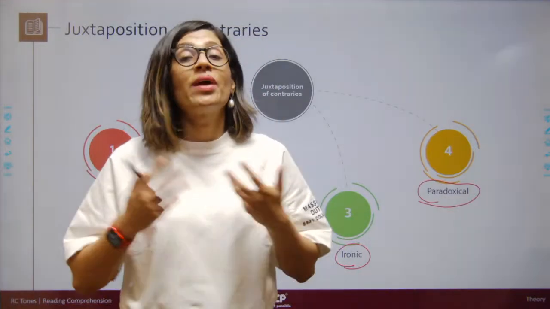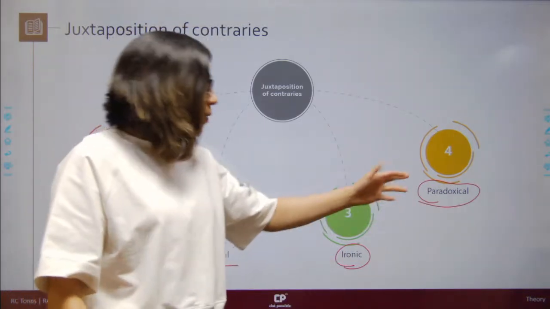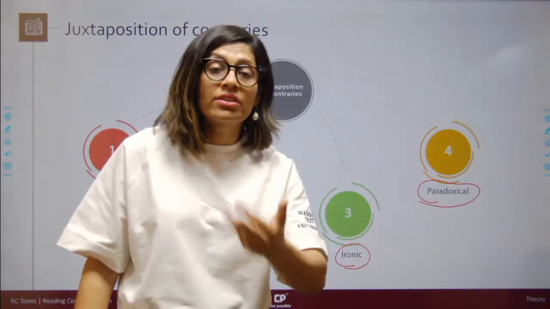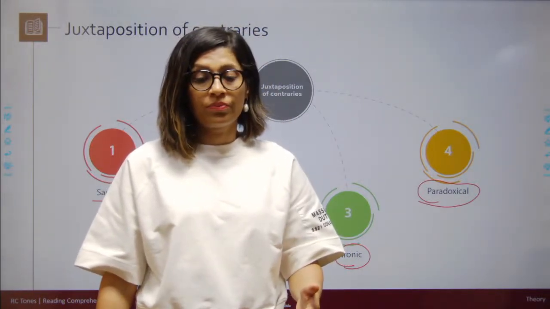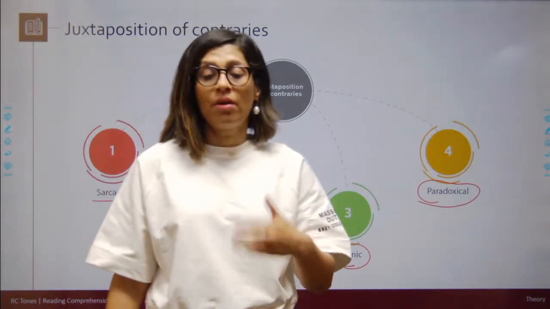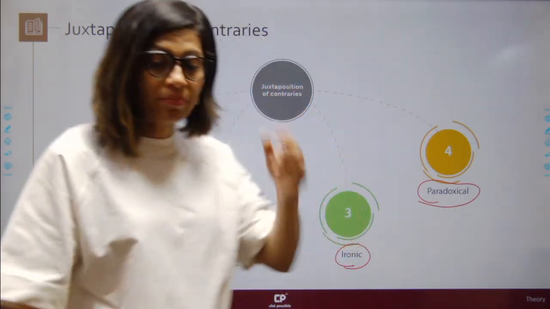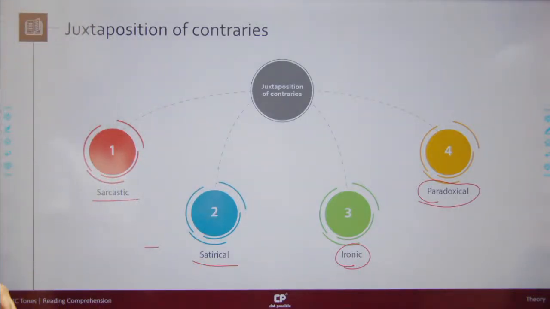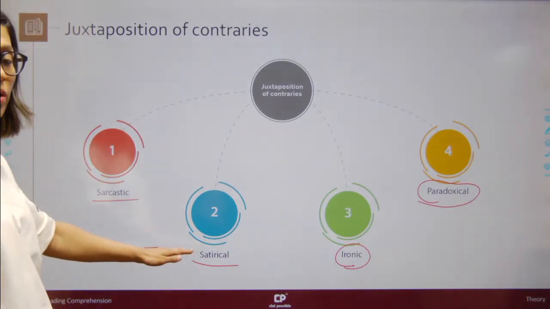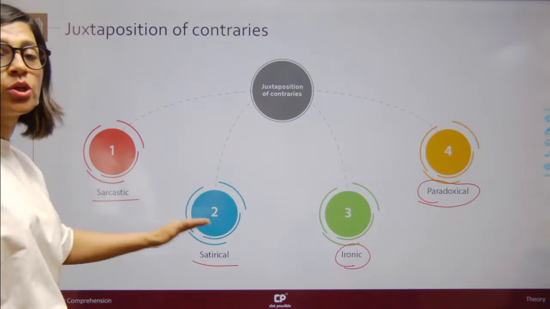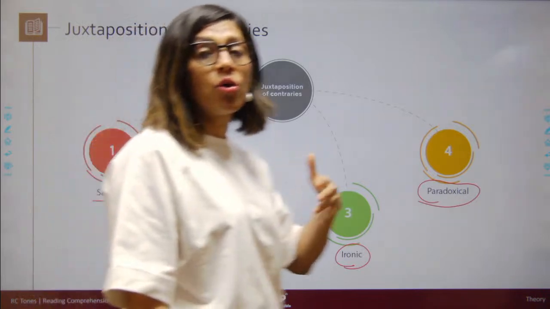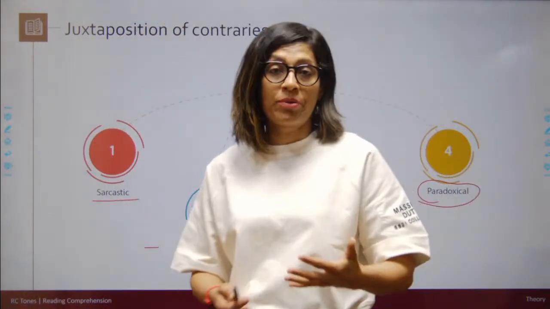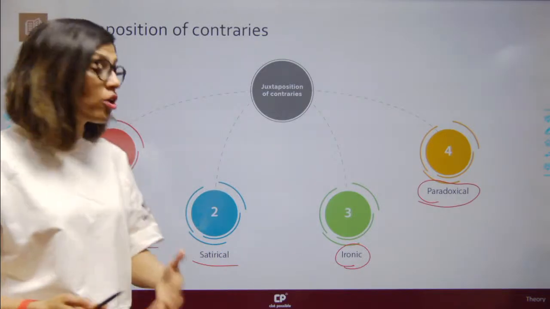Situational contradiction is irony, whereas going away from a predicted result is paradox. Going away from a predicted result is paradox. All right? In these two, the language used will be opposite to the facts. Why is that? That is done to show the contempt.